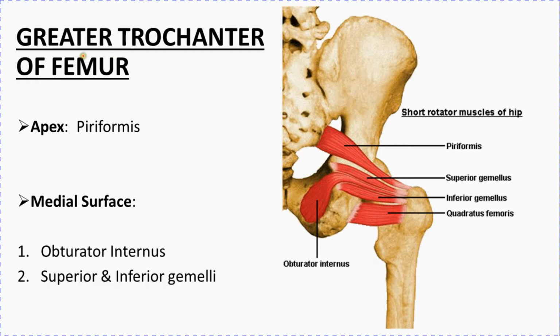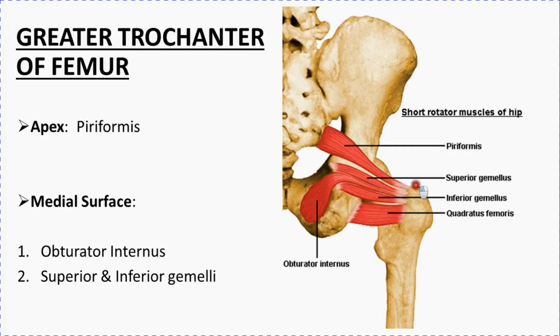Now we will learn the attachments on greater trochanter of femur. The greater trochanter of femur has an apex, it has an anterior surface, a lateral surface, and a medial surface. This was discussed in the previous class.